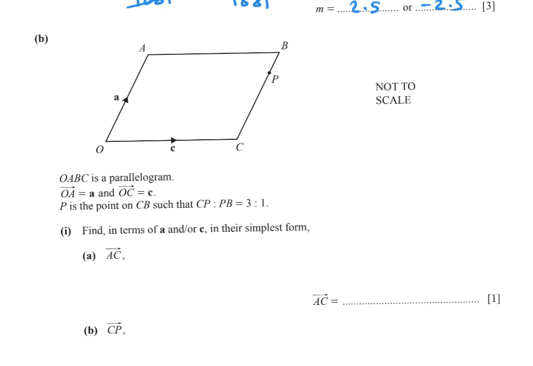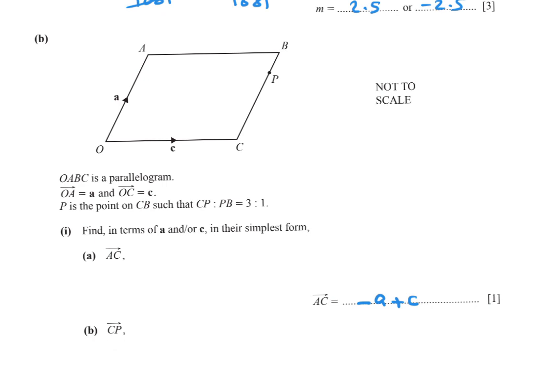For vector AC, we can find vector AC via O, so AO plus OC, so negative A plus C. So vector AC equals AO plus OC. So negative A because it is in the opposite direction, plus OC, so C.